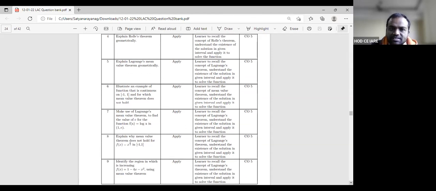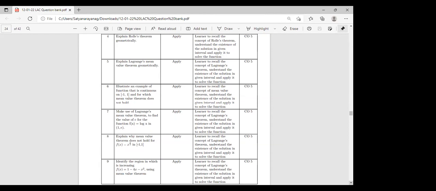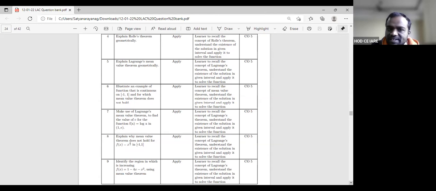Next, use Lagrange's mean value theorem to find the value of c for the function f of x is equal to log x in 1, e. Here f of x is equal to log x is a continuous function, and it is differentiable, f dash of x is equal to 1 by x in the open interval 1 comma e, so those conditions are satisfied.